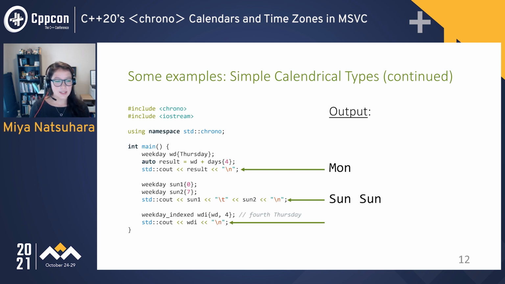So American Thanksgiving is on the fourth Thursday of November, and a weekday index is really handy in that case to be able to talk about it, since it's not on a specific day of November every single year. Okay, and when we print it out, we get that classic indexing syntax with those square brackets. I don't know how else you might want to format this, but this is the decision that Chrono made.